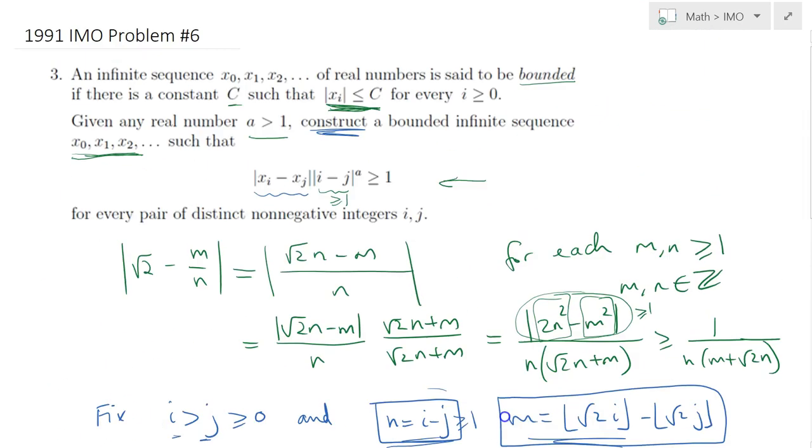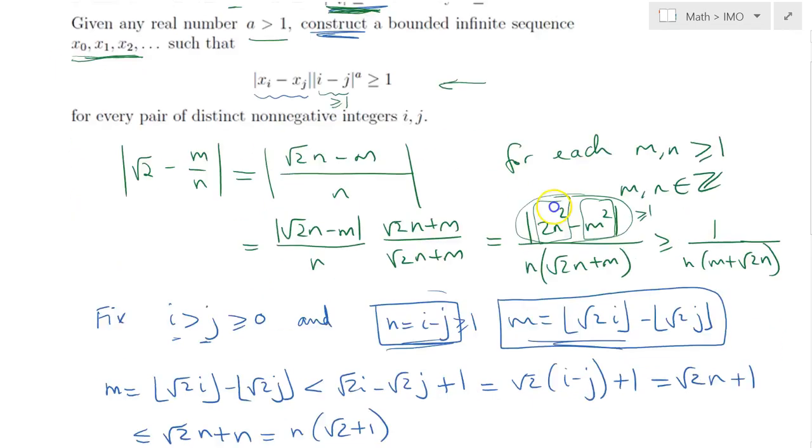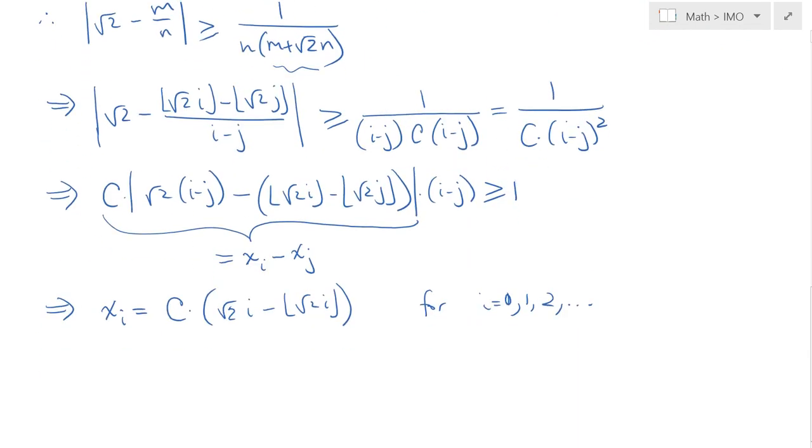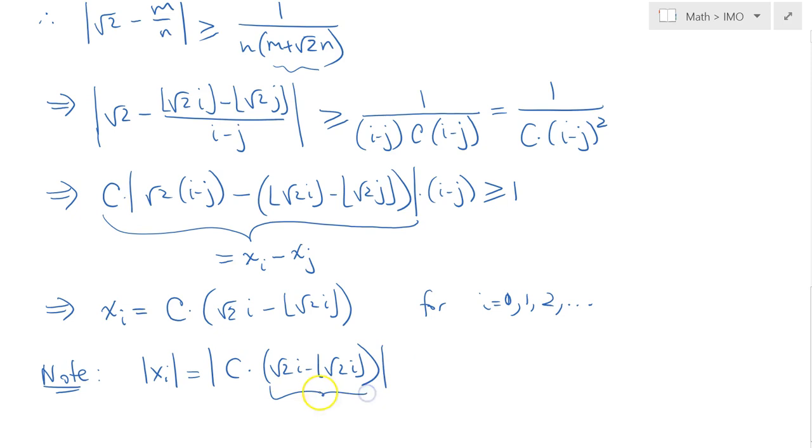Obviously with this definition we still need to check that all the x sub i's are bounded by c, and that's easy to confirm because note that the absolute value of x sub i is equal to the absolute value of c times root 2 i minus the floor function of root 2 i, and noticing that this part here is obviously less than 1, by removing this, I'm removing something less than 1.